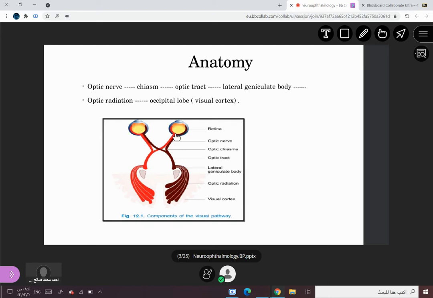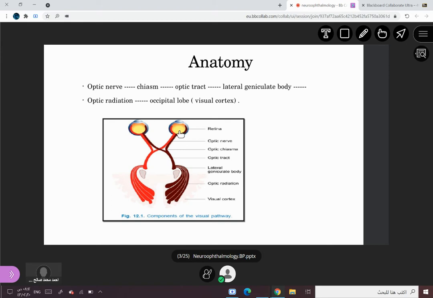So, in the right eye, we will have a nasal retinal fiber and temporal retinal fiber. The same on the left eye: nasal retinal fibers and temporal retinal fibers.